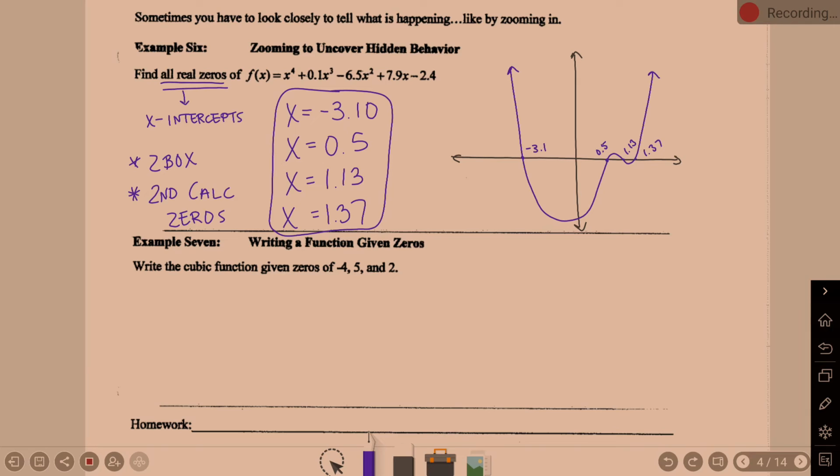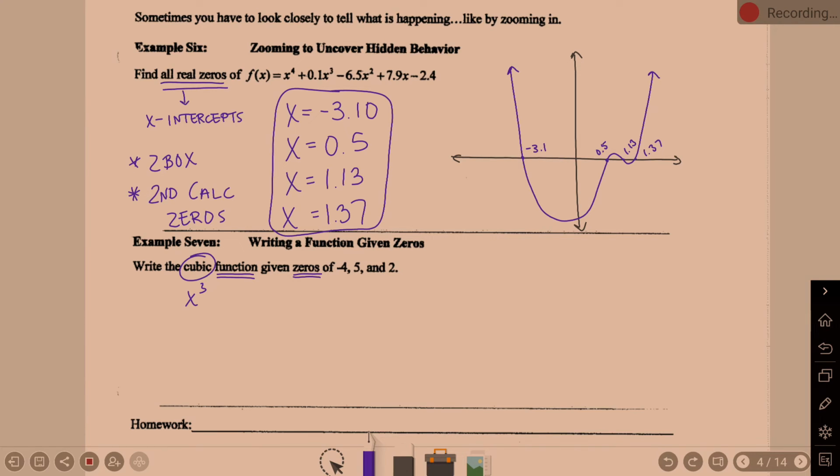Cubic function. What can you expect since it's a cubic function? Okay. It's going to end up being degree 3 in the end, yes? Okay. We're given zeros of -4, 5, and 2.